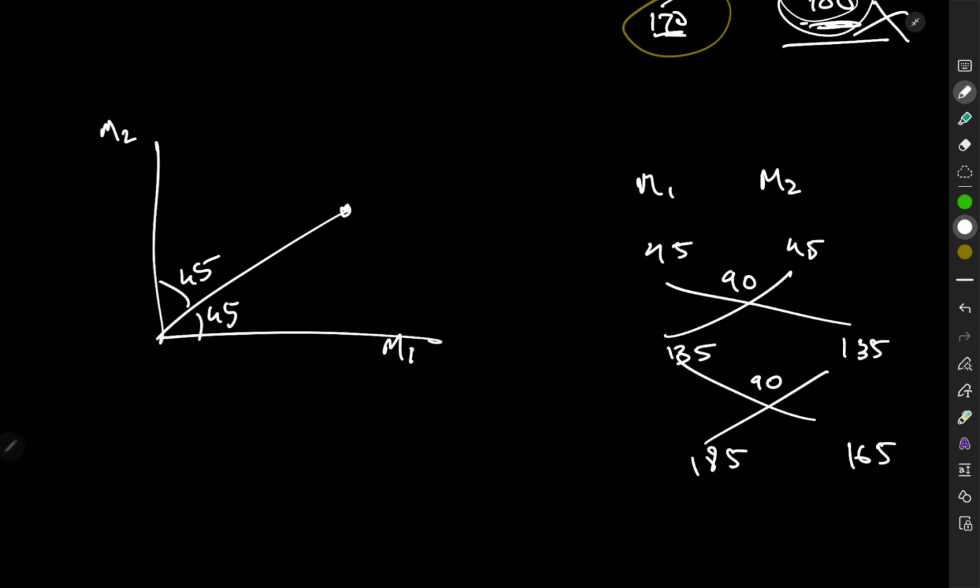As we all know, for 90 degrees we have seen 3 images will be formed, but as you can see, 1, 2, 3, 4, 5, 6, right?